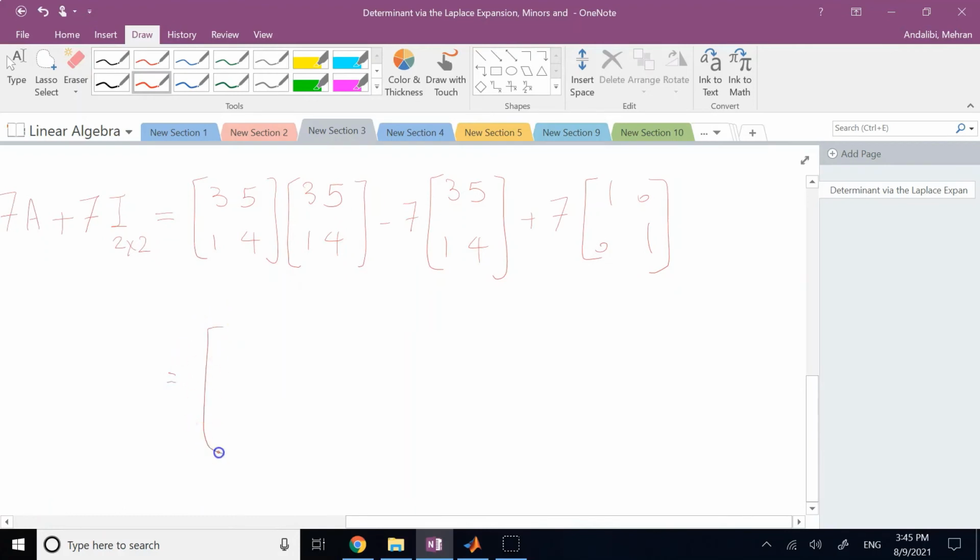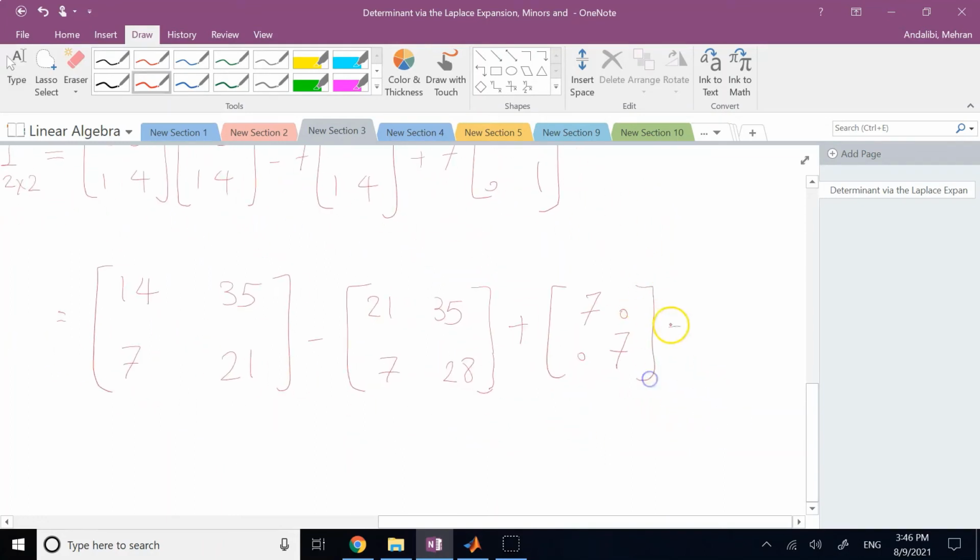And here, if we carry out the matrix multiplication, you get a 3, a 9, and a 5, so you get 14. Then I go over to the next one, that's 15 and 20, that's 35. That's a 3 and a 4, that's 7. That's a 5 and a 16, that's 21. Minus 7 is multiplied by each and every one of the elements, and then here again 7 is multiplied by each and every one of the elements.